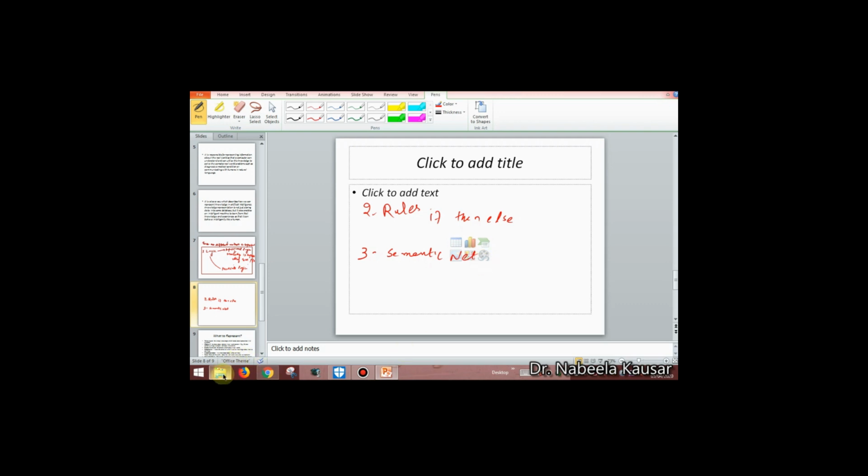With the semantic net method, a meaningful network of objects and their relationships is made.